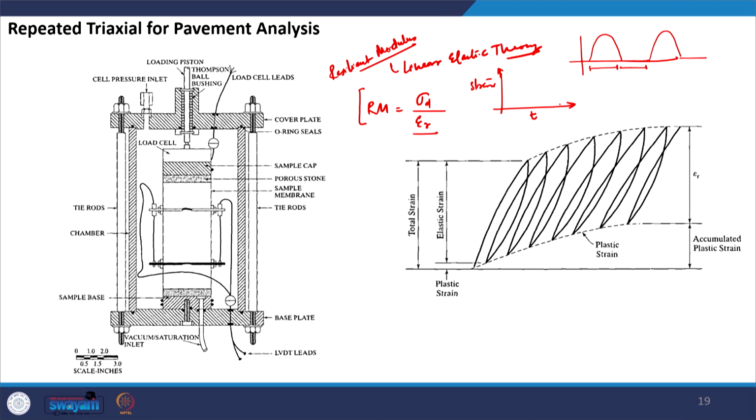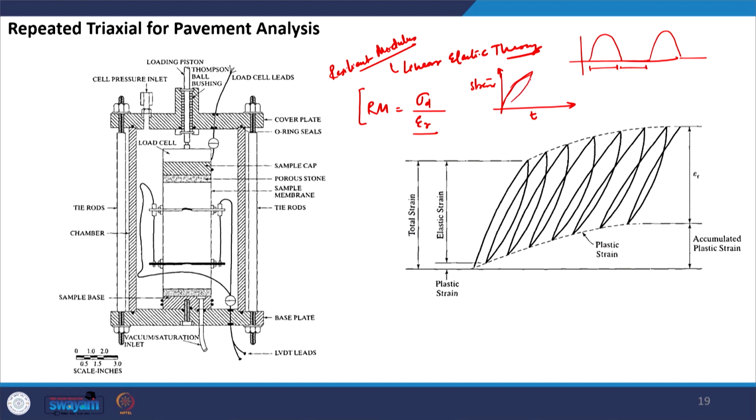When we first give a load, the strain in the material will increase. It may not be a linear increase; how the graph looks depends on the type of material. During the rest period, when we remove the load, the material will try to come back to its initial position.